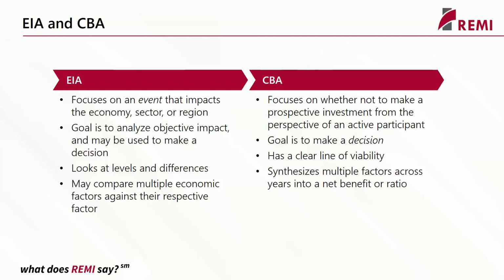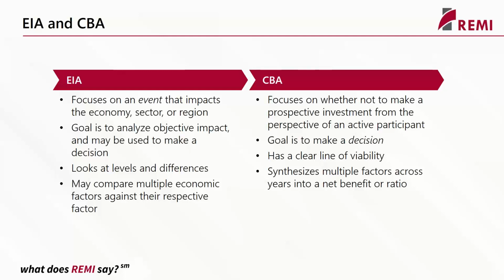I'll go into more examples later, but for now we'll move on to CBA. So cost-benefit analysis is basically vetting a possible investment being made by a specific party. That is typically how it's being used, and you'll notice that I've emphasized on the CBA side that the goal is to make a decision.